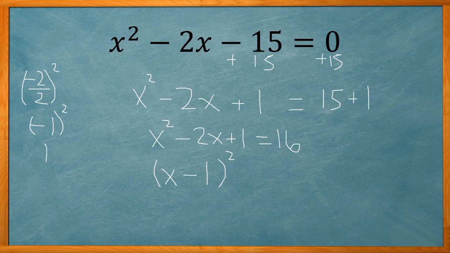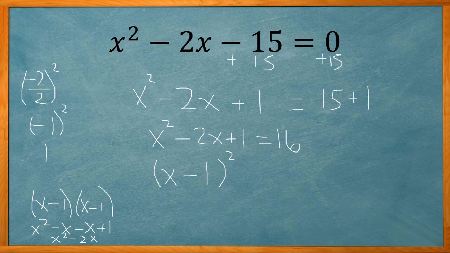It's minus 1 because if I were to square these out, x minus 1 times x minus 1, and I do FOIL, I get x squared, x times negative 1 is negative 1x, and negative 1 times x is another negative x, and negative 1 times negative 1 gives you positive 1. If I combine like terms, negative x minus x is negative 2x. So that's x squared minus 2x plus 1.